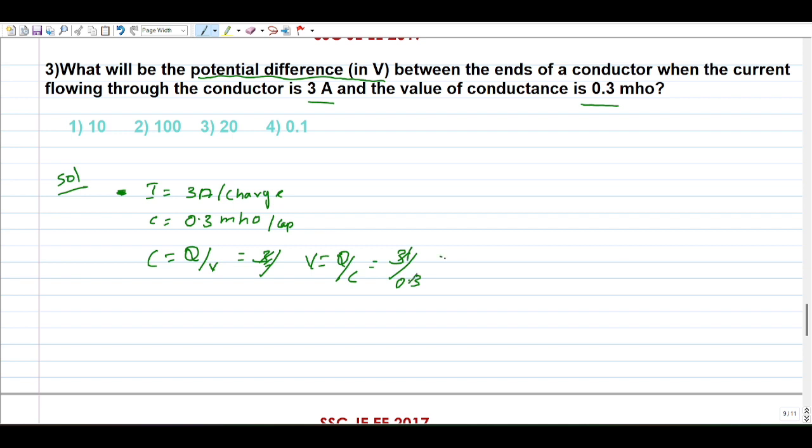If we solve this, it is 1 by 0.1. If we take this into the numerator, the value will be 10 volt. This is the answer. So the potential difference is 10 volt, the option is 1, and the answer is 10 volt.